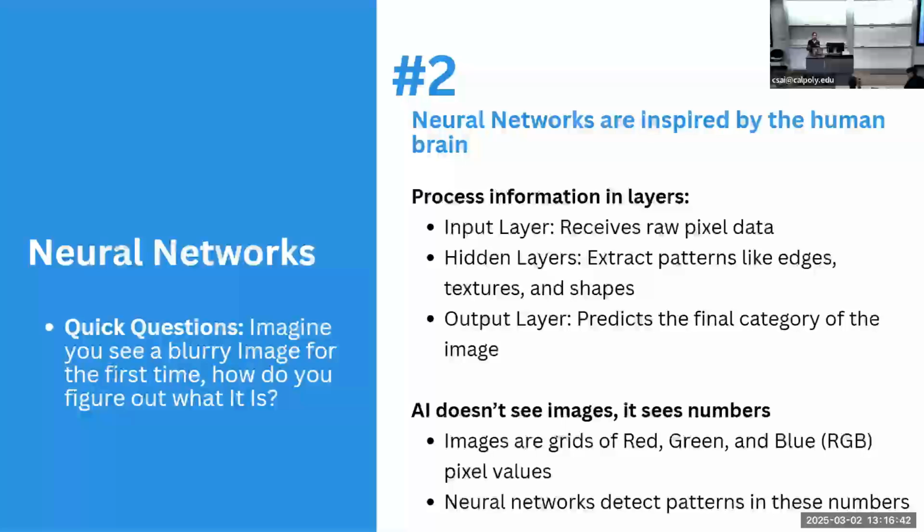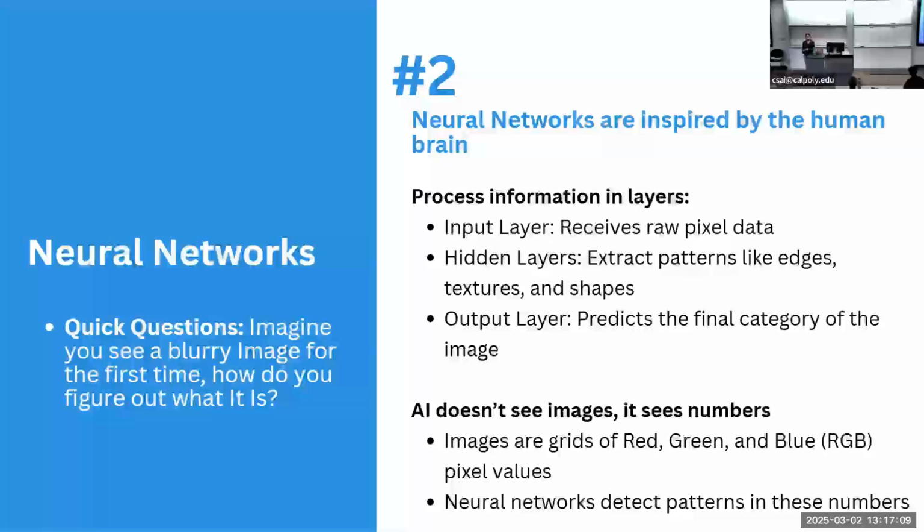It gradually refines its understanding through layers, and each layer extracts complex features one by one. The input layer receives the raw pixel data, then hidden layers detect the edges, textures, and shapes, and the output layer finally classifies that into an image category.